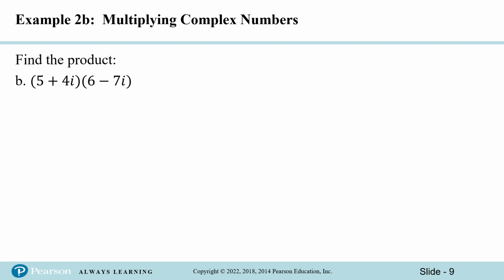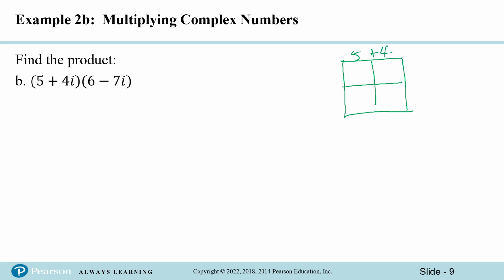Okay, with this one, like I said earlier, you could use the FOIL method, but again, I don't recommend the FOIL method to anybody. You can use it if you want, but the box method is the same.